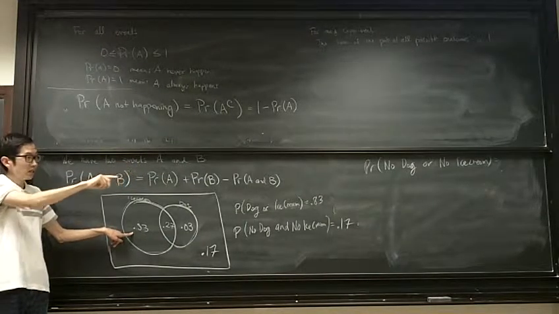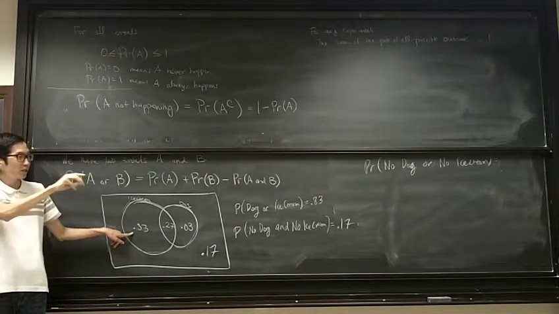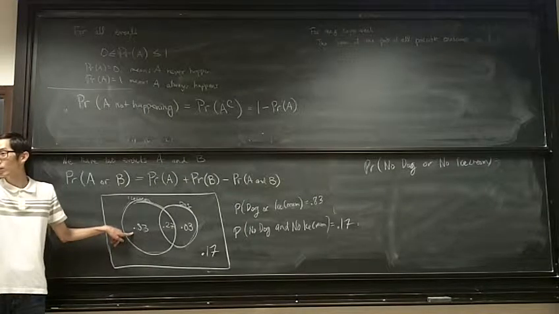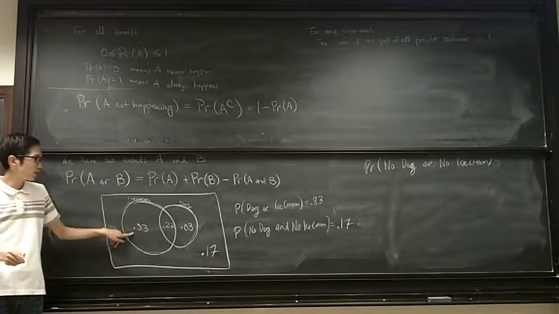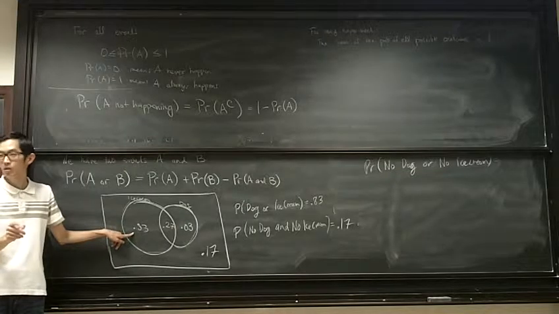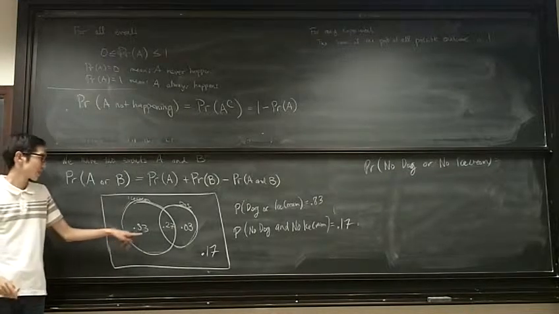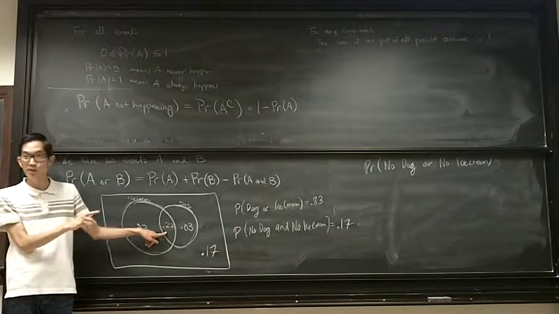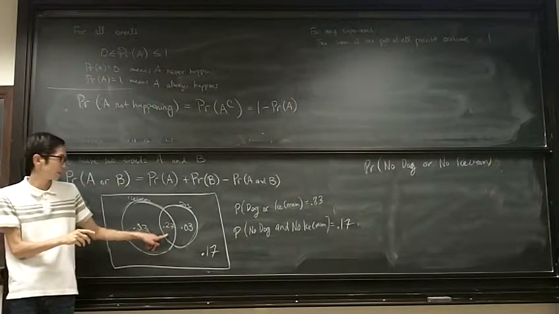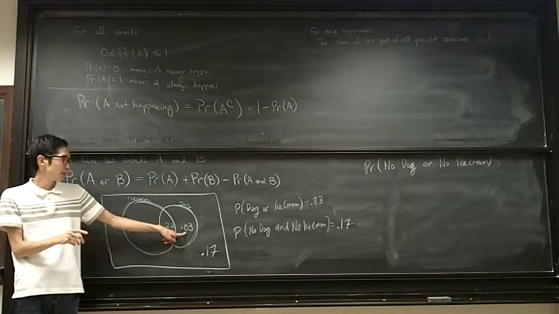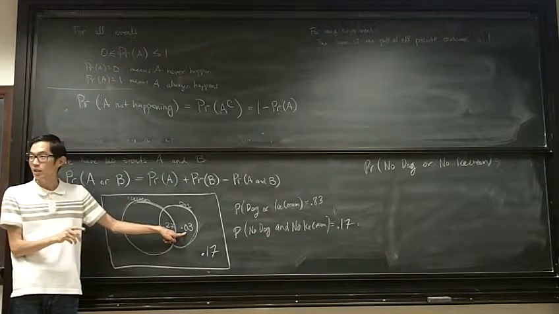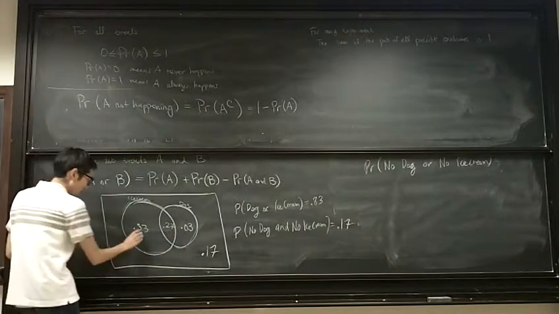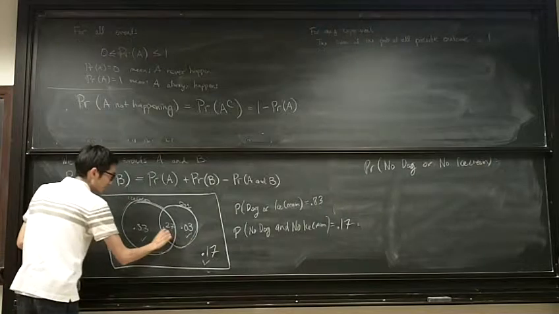Yes, because to qualify for this group, you either have to satisfy no dog and/or no ice cream. So these people like ice cream but have no dog, so we say, okay, you're cool. These people like ice cream and have a dog. Do they qualify? No, they don't qualify. And these people own a dog but don't like ice cream. Do they qualify? Yes.